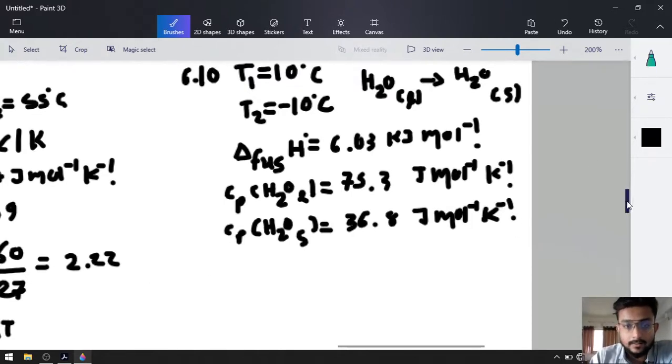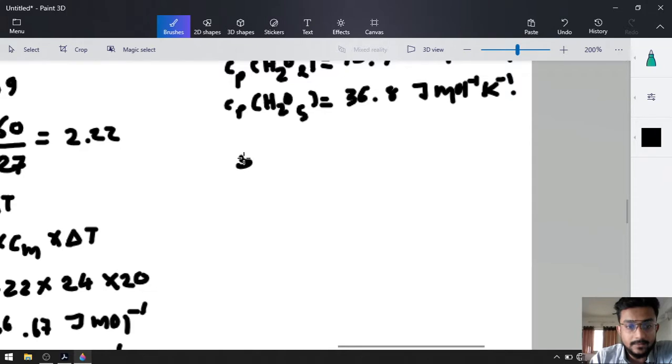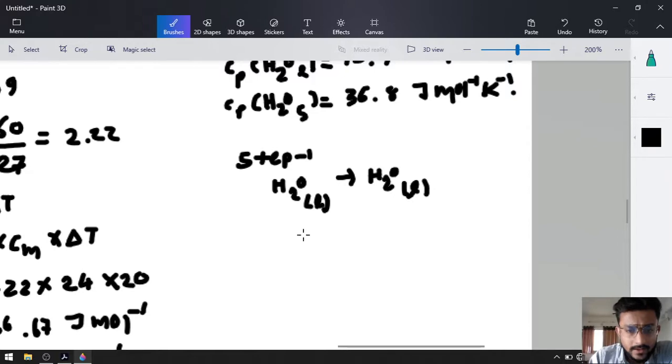Okay, most important, step number 1. Step number 1, H2O liquid converted to H2O liquid. What is this? Liquid to liquid, temperature change is there, 10 degrees Celsius to 0 degrees Celsius.